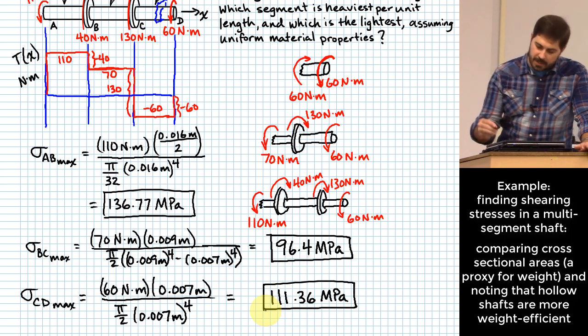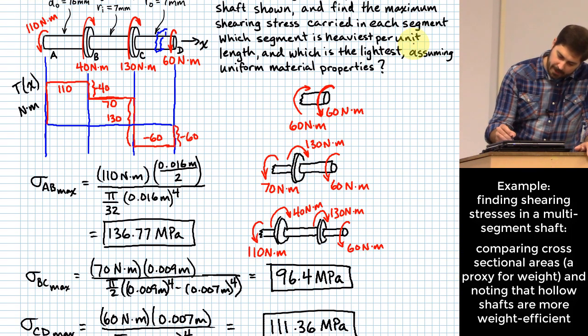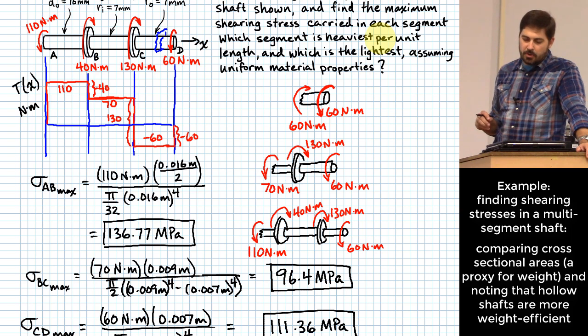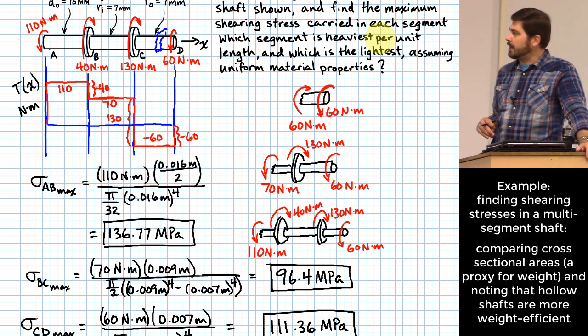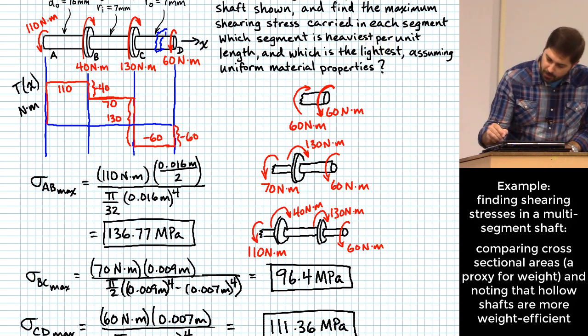Okay, so the next segment of the question says, which segment is heaviest per unit of length and which is the lightest, assuming uniform material properties? What's a good value we could calculate that will tell us which one is the lightest per unit of length? Cross-sectional area, right? Do you remember where we looked at weight?